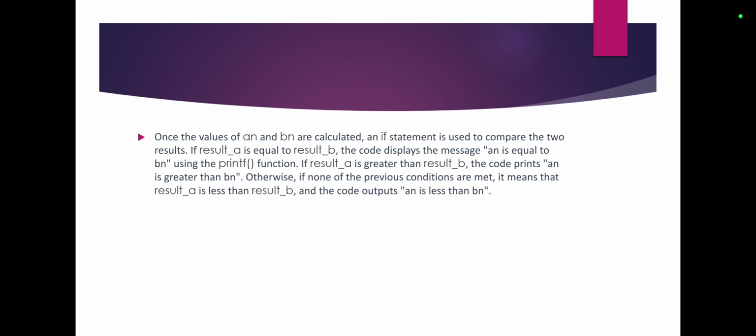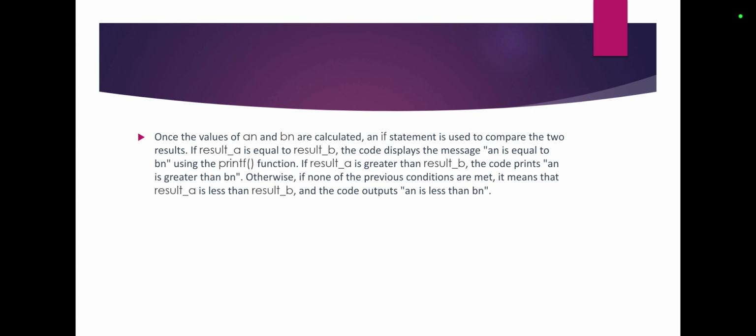Once the values of a^n and b^n are calculated, an if statement is used to compare the two results. If resultA is equal to resultB, the code displays the message "an is equal to bn" using the printf function.